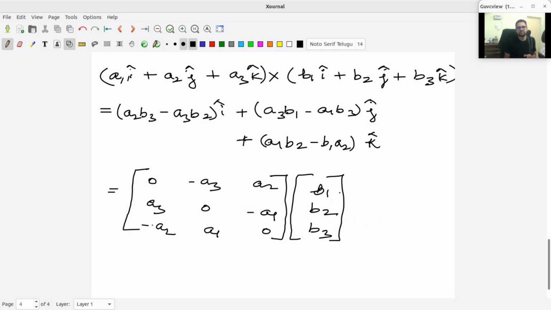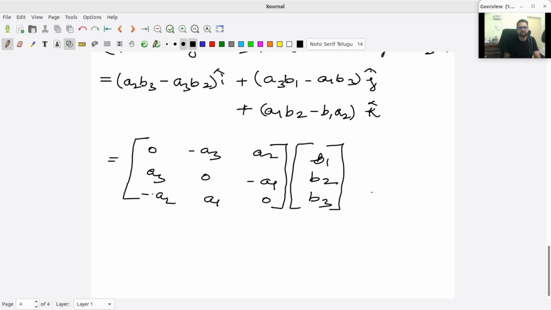The product will give you the i, j and k components. So the cross product can be written in the form of matrix multiplication. This we will call the tilde matrix, A tilde times B vector. So the cross product can be written in this form.